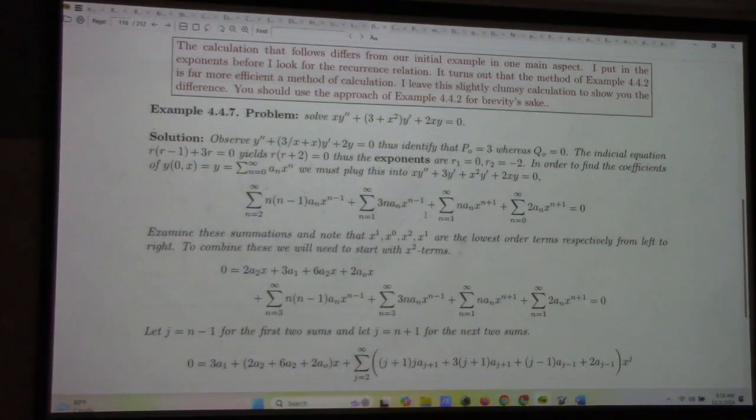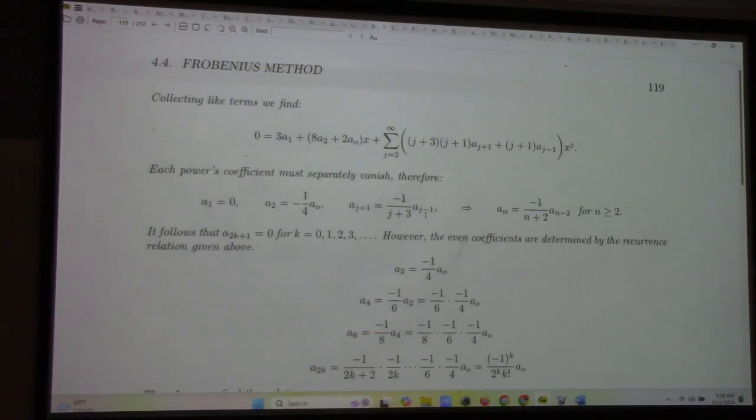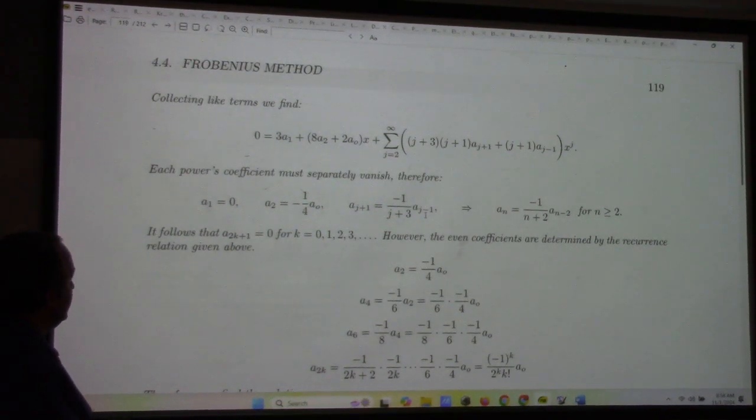Because it can be that when the indices differ by an integer, the y1 and the y2 that you'd like end up being the same solution. It doesn't have to happen, I think, if I remember right. It can be the case that when the indices differ by an integer, you have to do something different, but sometimes you get two solutions.